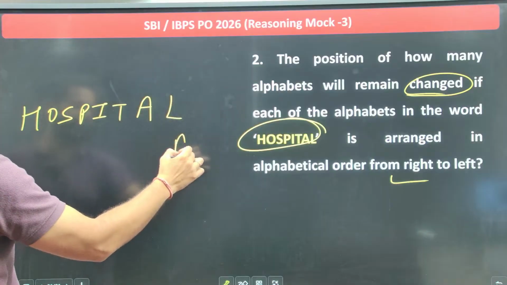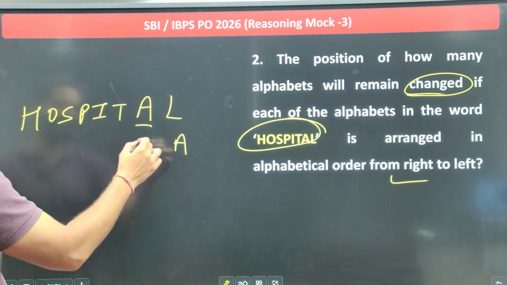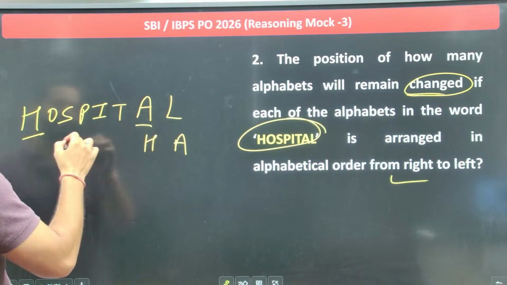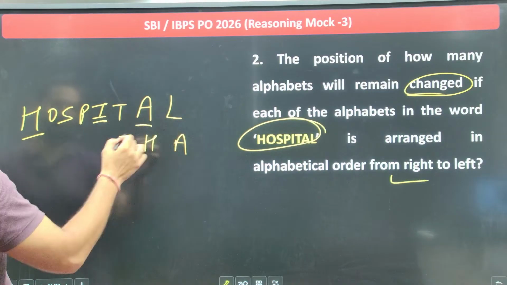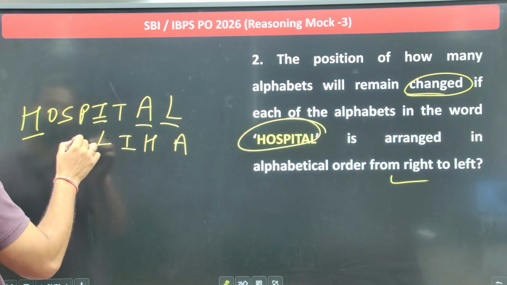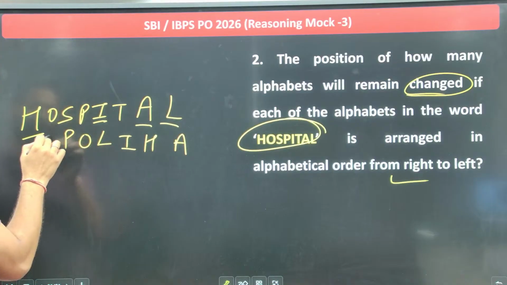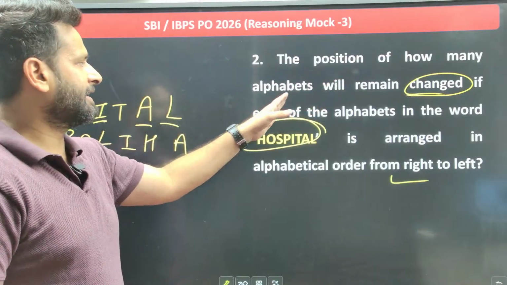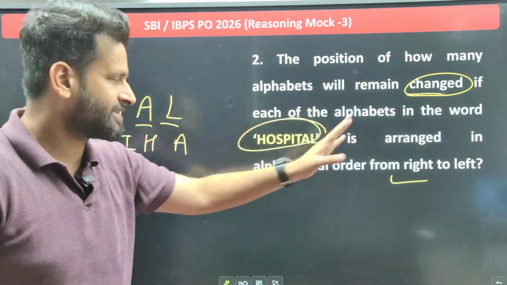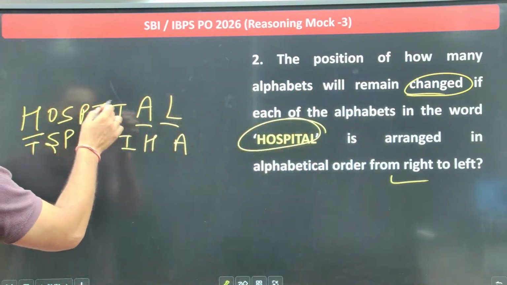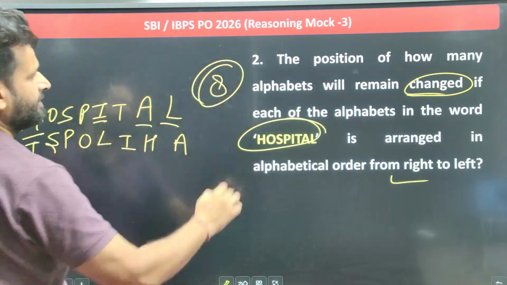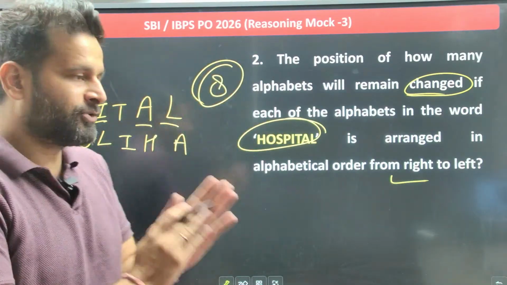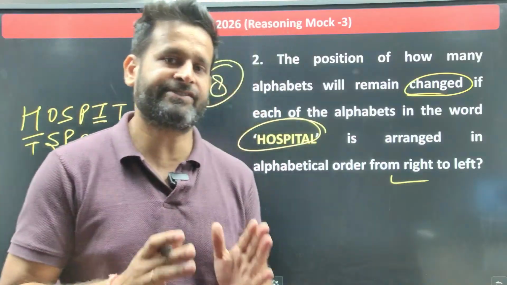So first of all, it will be A, then B, C, D, E, F, G, H, I, J, K, L, M, N, O, P, Q, R, S, and T. H is changed, O is changed. Everything is changed. Position of how many letters will be changed? That means all: 3, 4, 5, 6, 7, 8. Answer will be 8.